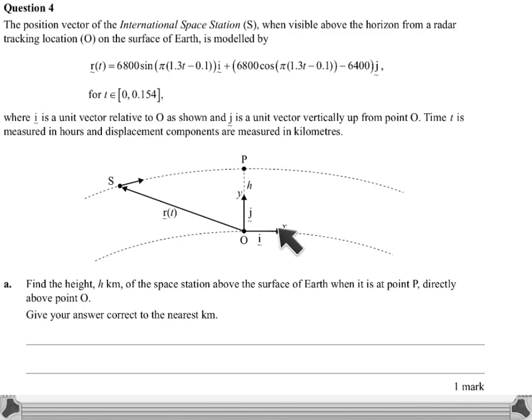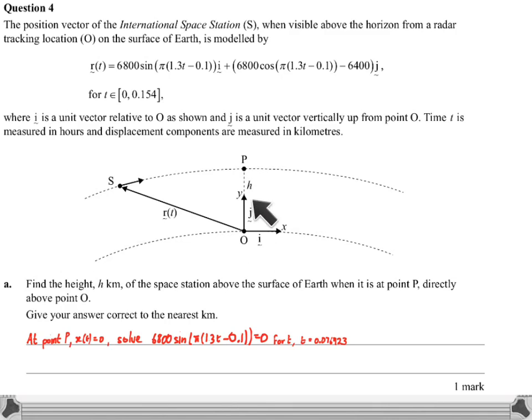So x of t, the first part there, is 0 at P. So if we solve x of t equal to 0 for t, we get a value for time. This is the time when the International Space Station is at point P.